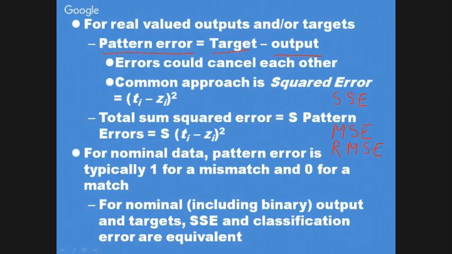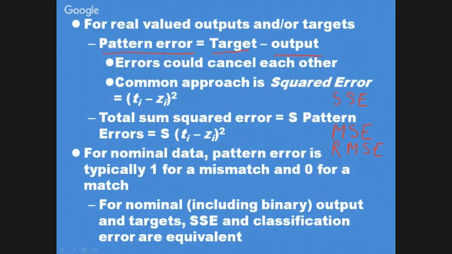These are the different error values which we calculate, and with which we can see how much reduction we have achieved in our algorithm, right? Now, squared error means (Ti minus Zi) whole squared, for one neuron.